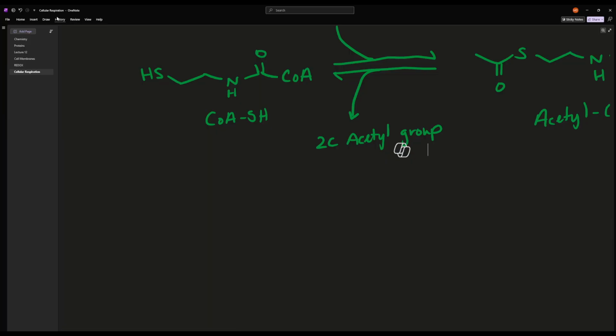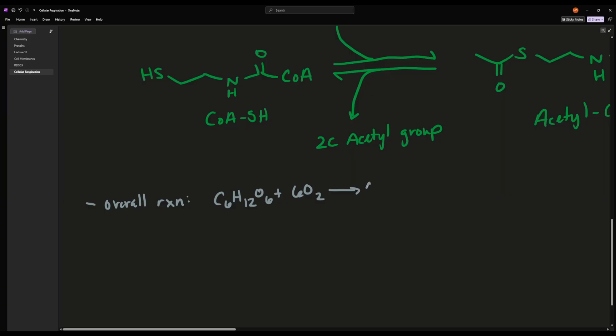We have a few more overview things to do. Okay, the first one is our overall reaction. The overall is C6H12O6 plus 6O2 goes to, that is not a 6, 6CO2 plus 6H2O.